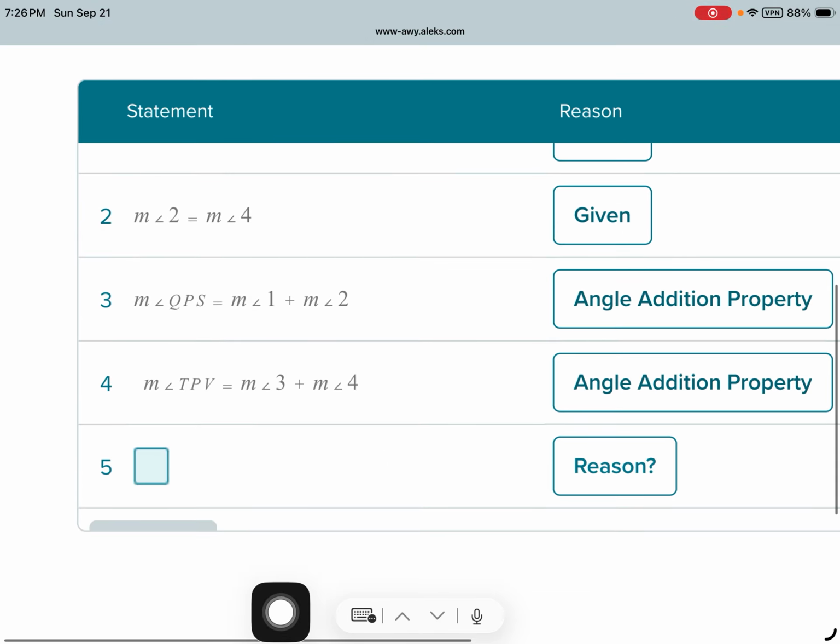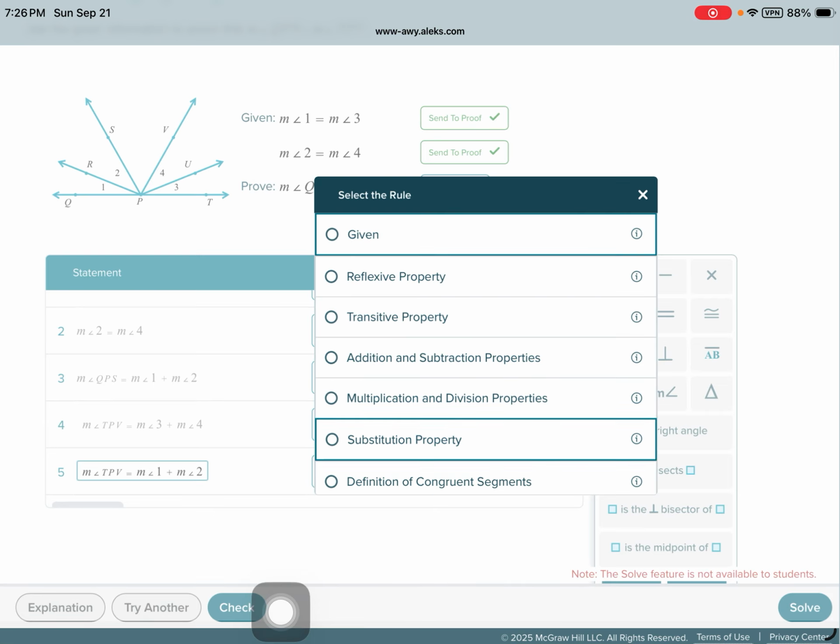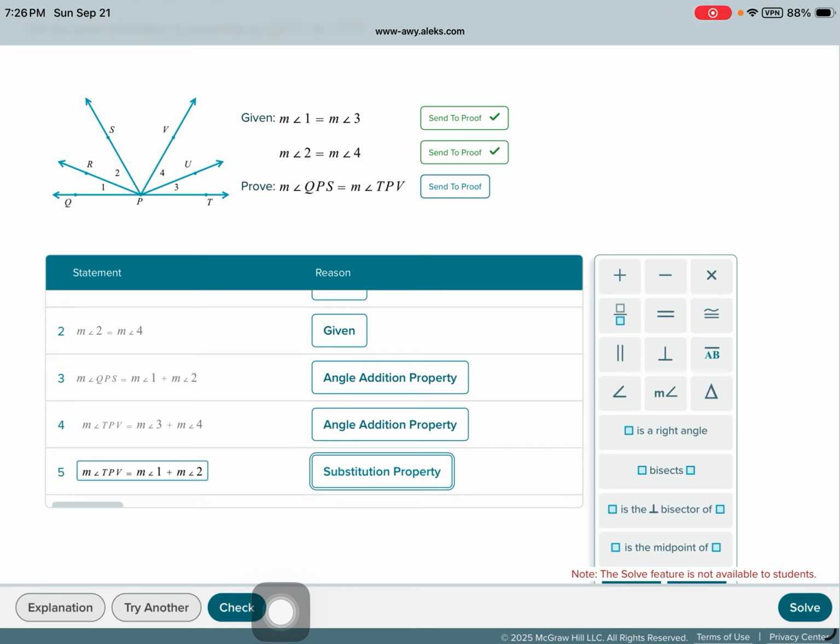It gets a little confusing, but watch this. I'm going to say measure of angle TPV equals measure of angle 1 plus measure of angle 2. So I have substituted 1 for 3 and 2 for 4, by substitution.